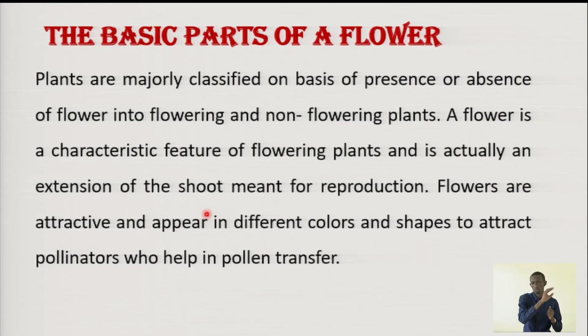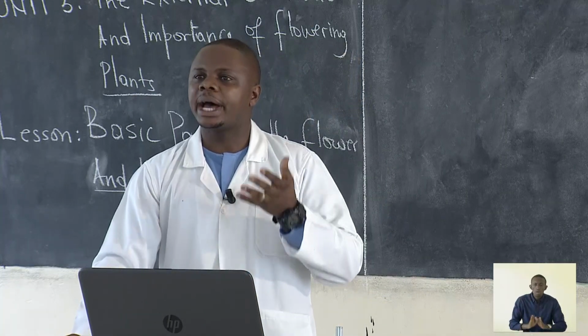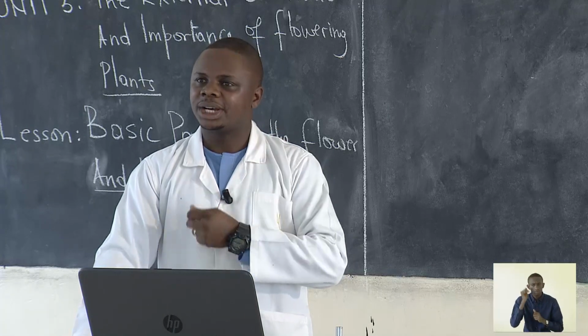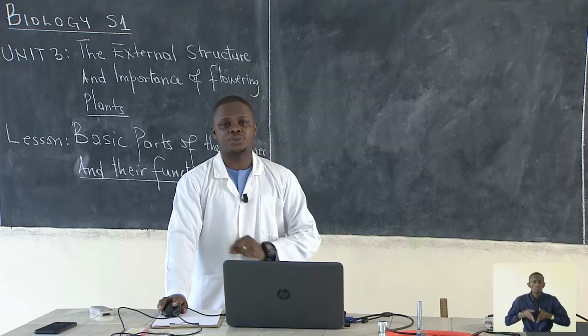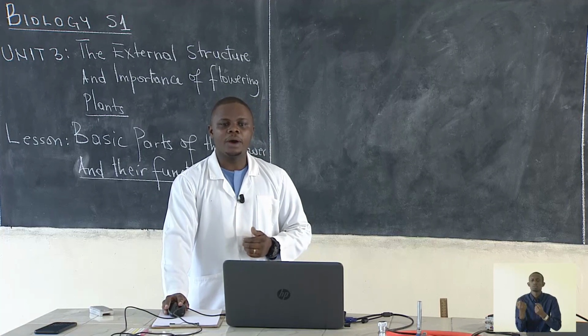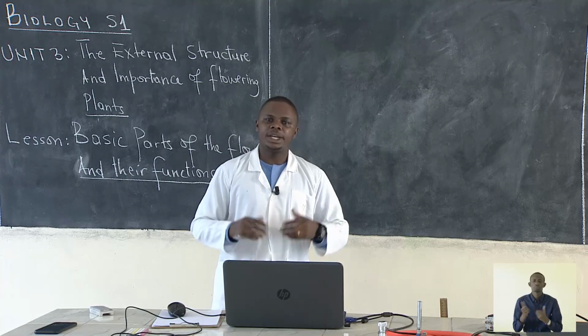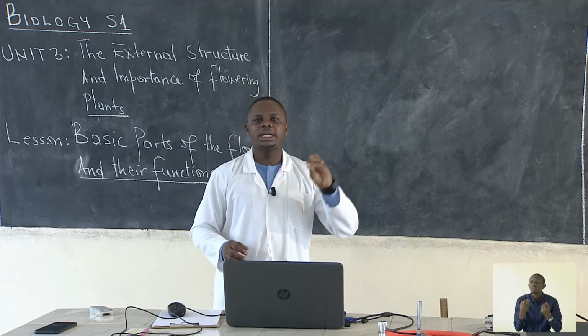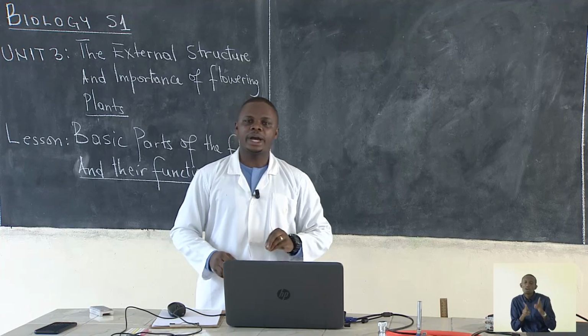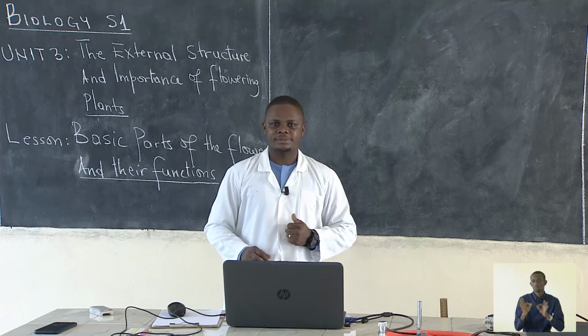It is also meant for reproduction. Remember, when we talk about shoot system, we mean upper organs of the plant, of course, organs which are not in the soil, like roots. Then, flowers are attractive and appear in different colors, different shapes to attract pollinators. Those are organisms which come to pollinate plants.